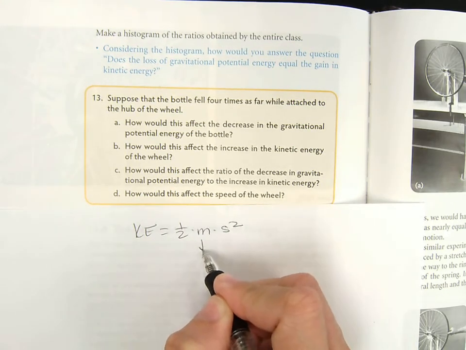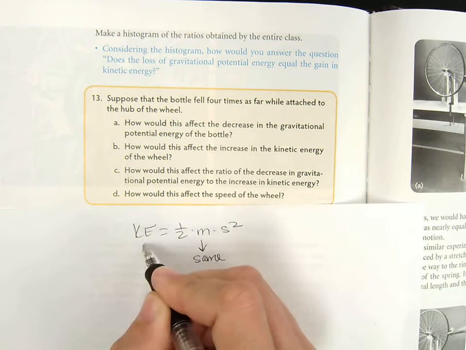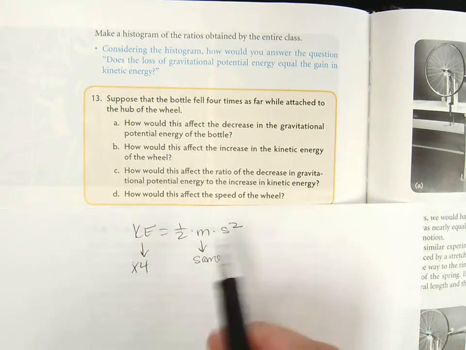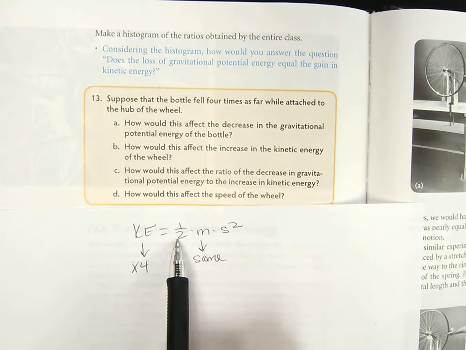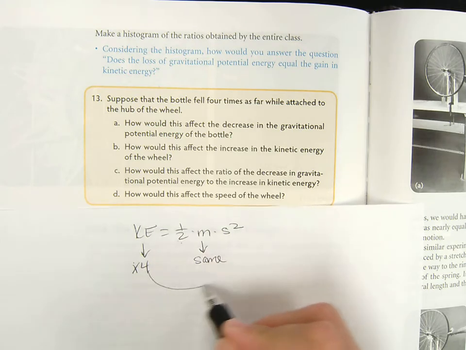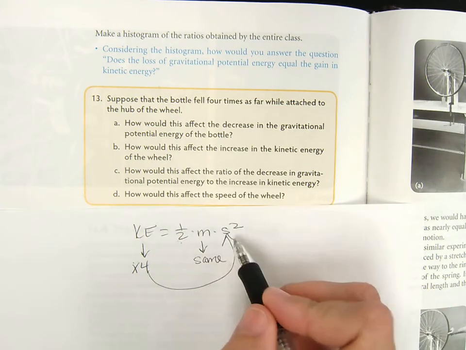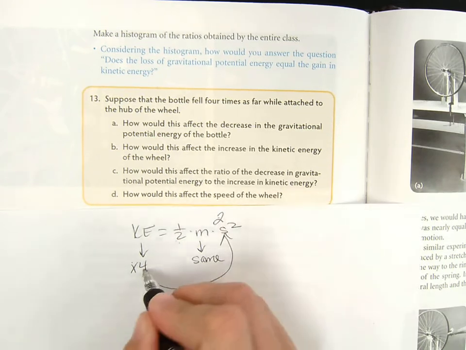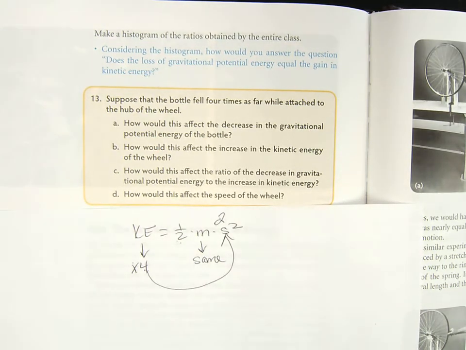If the mass is constant, this stays the same. The kinetic energy goes up by a factor of 4. And if this stays the same, and we know that the half is always the same, the speed would actually be going up by 2, because 2 squared is 4. So the speed would double.